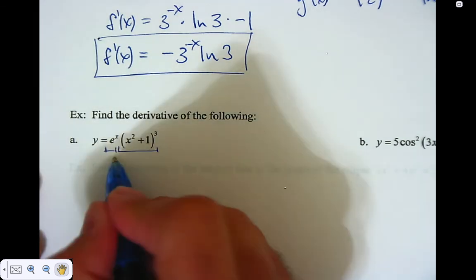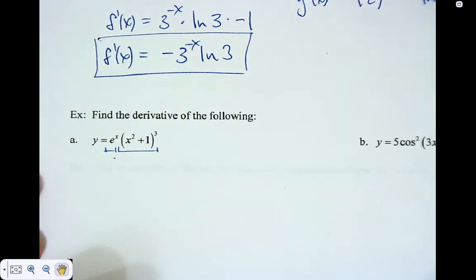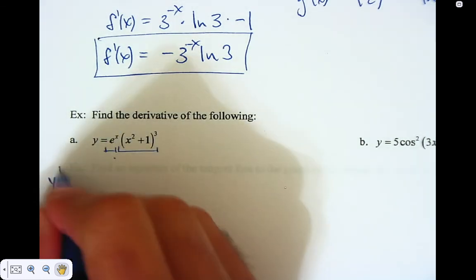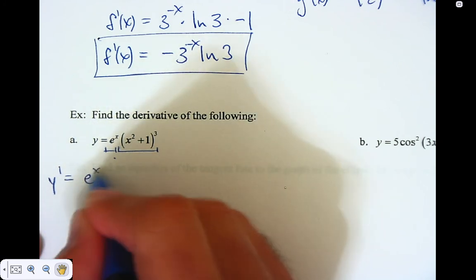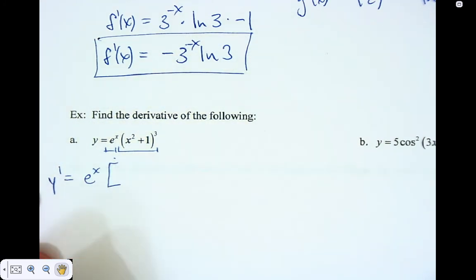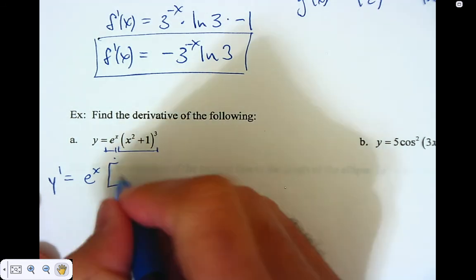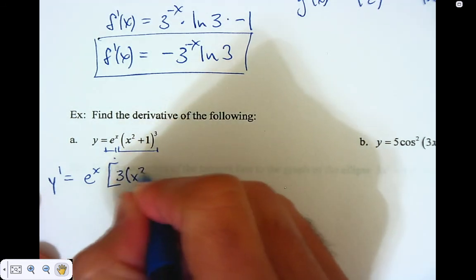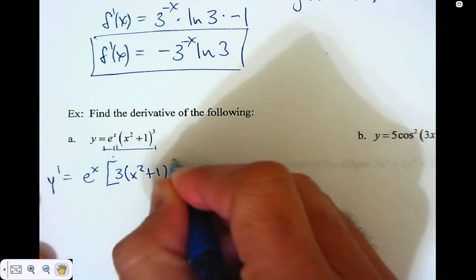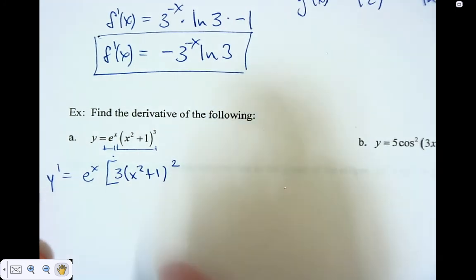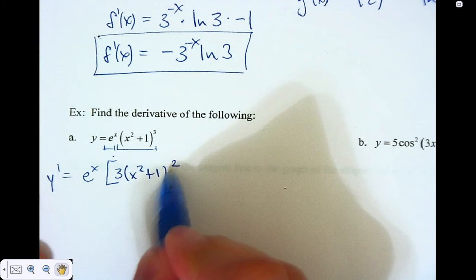So this is a product rule. You have functions of x being multiplied together. So my derivative will be first e to the x, times, I do a big bracket because I'm going to have a big old derivative here, times the derivative of the second, which is 3 times x squared plus 1 to 1 smaller. I bring the 3 down, times the stuff to 1 smaller.